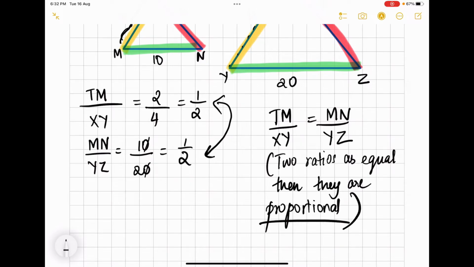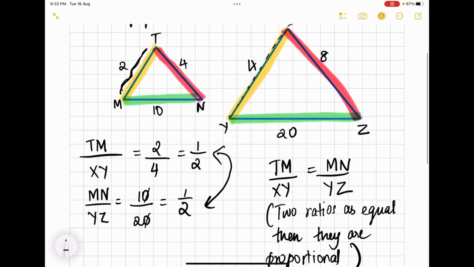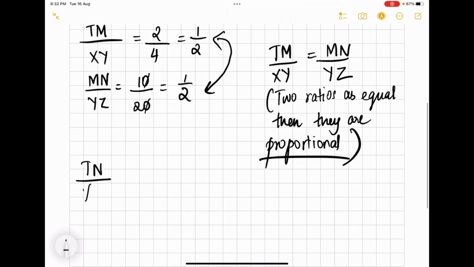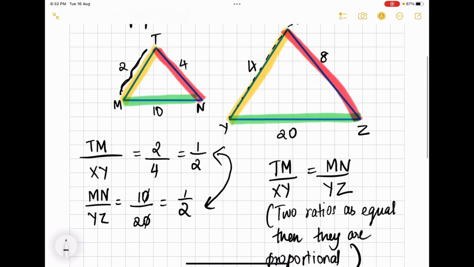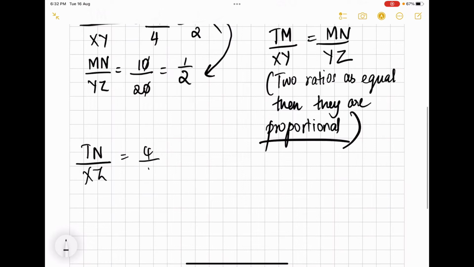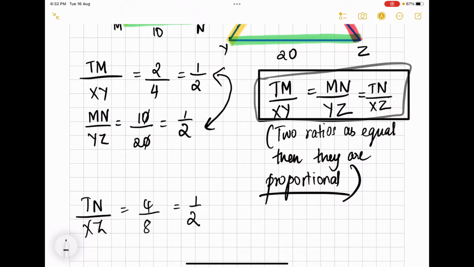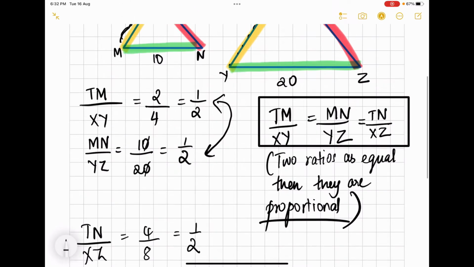Now, coming back to the red side, TN divided by XZ, I will get it as 4 divided by 8, which is also 1 by 2. So if I put together all of this, I am getting that all the sides of the triangle are proportional, right?